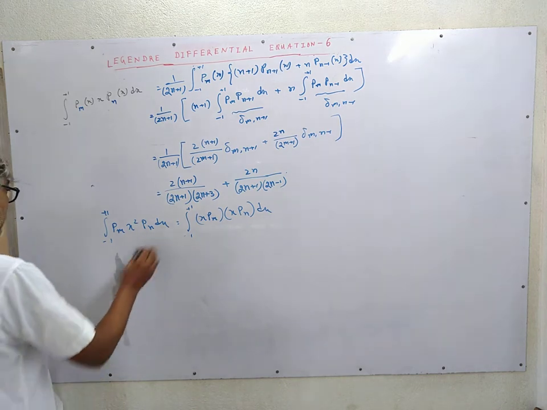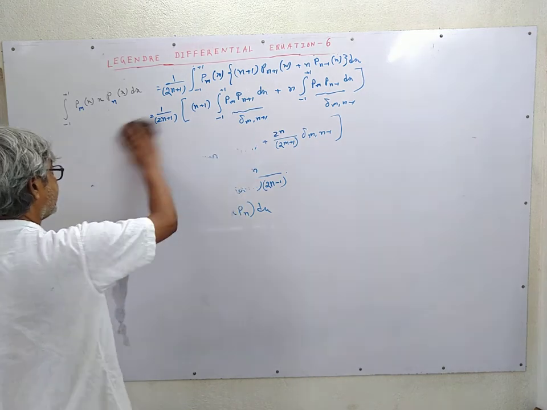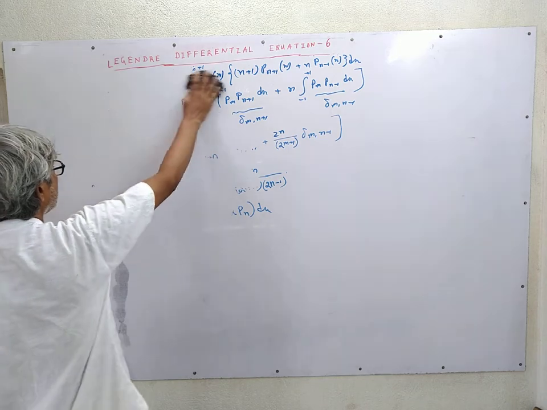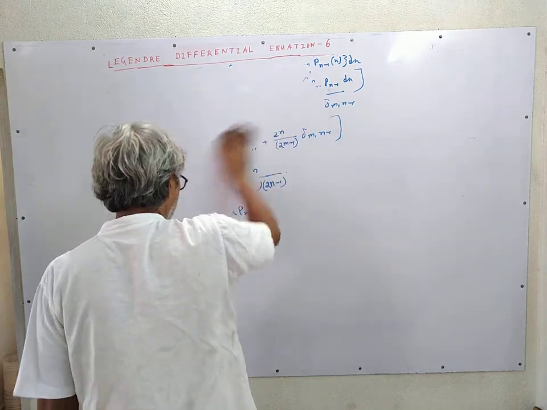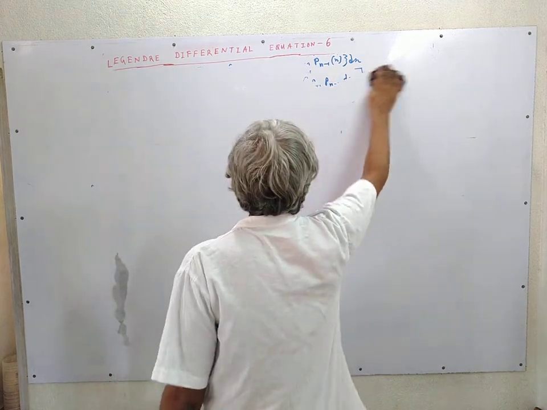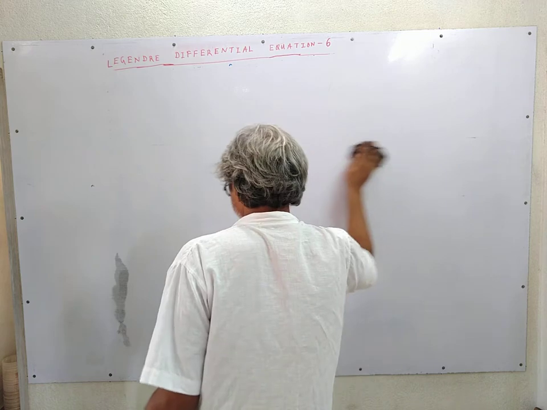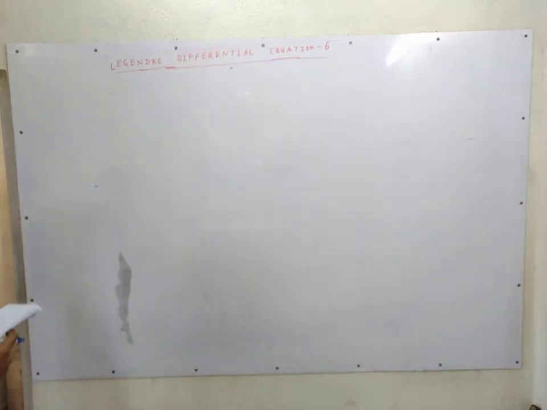Now coming to the Fourier-Legendre expansion. Fourier-Legendre expansion uses the completeness of the Legendre polynomials as well as the orthogonality property, which enables us to find the expansion coefficients very easily.